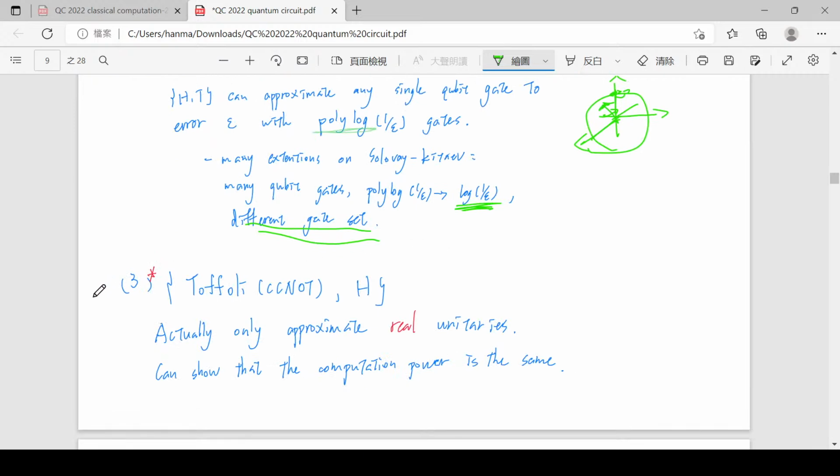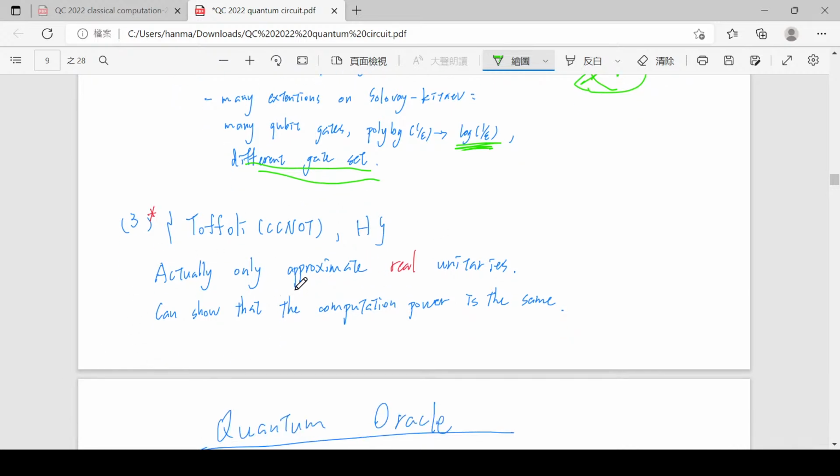And there is another pretty popular set of universal quantum gates, although it's not really universal. It's Toffoli and Hadamard.